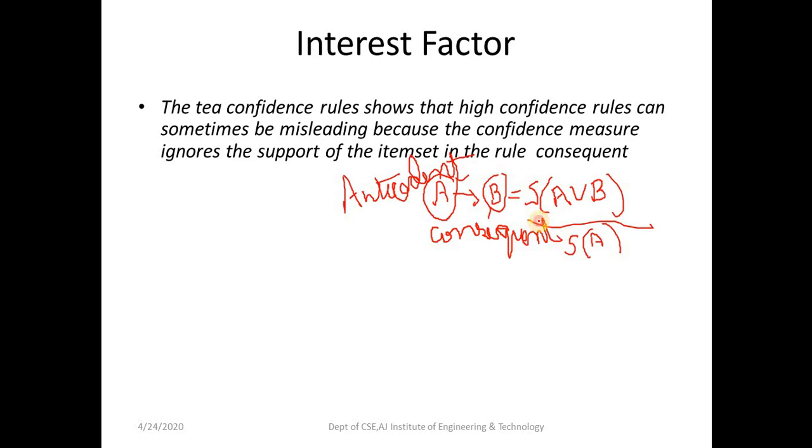When we calculate the confidence, we include just the support of A. That is, the support of only the antecedent of the rule is considered, whereas the consequent support is not considered. So we are ignoring the support of the item set in the rule consequent, and because of that the rule confidence might sometimes be misleading.